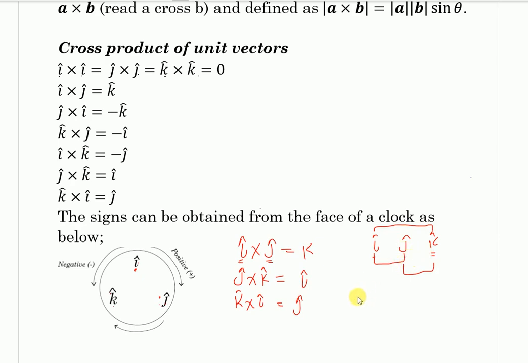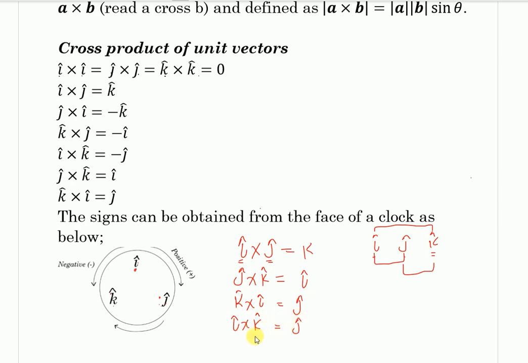But that answer is either positive or negative, depending on the direction of motion, which we have here. Like you can see, i and j should give k. When i is the starting point and j is the terminal, we have k. When you have i crossed with k, the answer should be j.